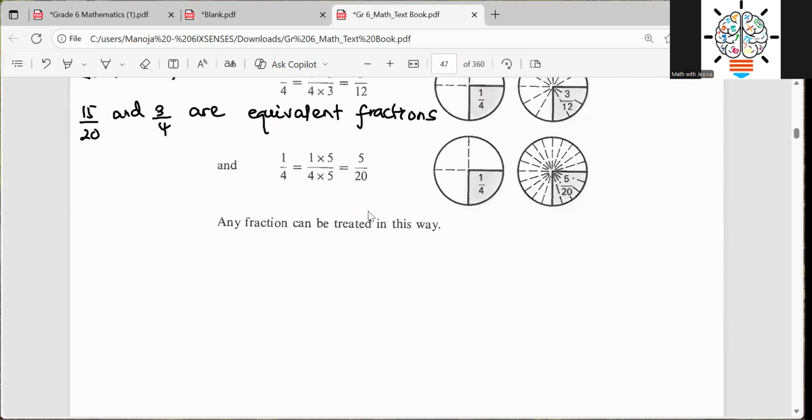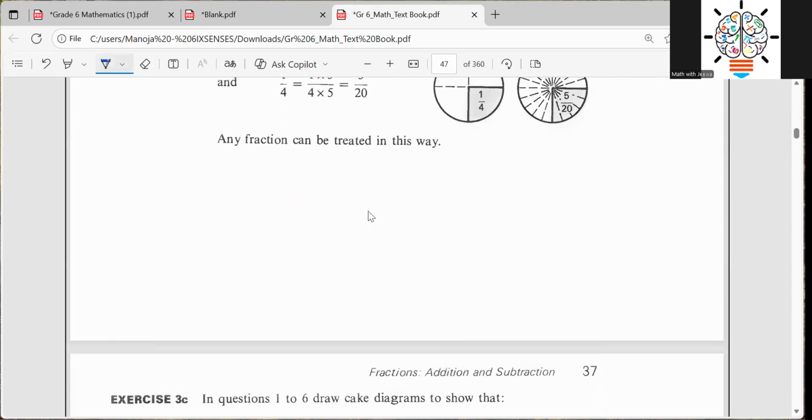Whenever you have an equivalent fraction, let's say you have 1 over 2, you multiply this by the same number, right? 2 times 1, 2, 2 times 2, 4. And then I can multiply both of them by 3. 3 times 1, 3. 3 times 2, 6.